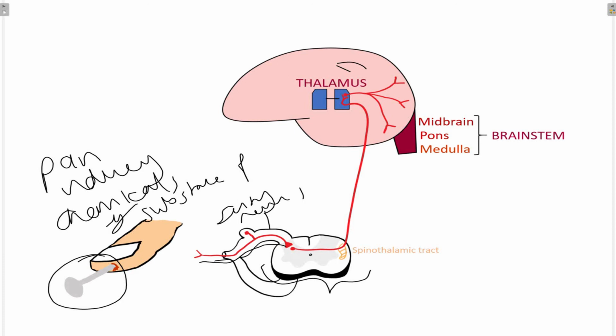So this primary neuron transmits the signal through the dorsal root into the grey matter, where it's then transferred to an interneuron, so from electrical to chemical, then back to electrical, and it's sent up through the spinothalamic tract, from the spine up to the thalamus. And remember, the thalamus is the relay center of the brain, so it's going to send the signal to the appropriate areas of the brain, and then it's going to be processed as pain.